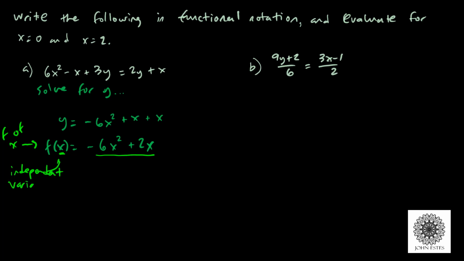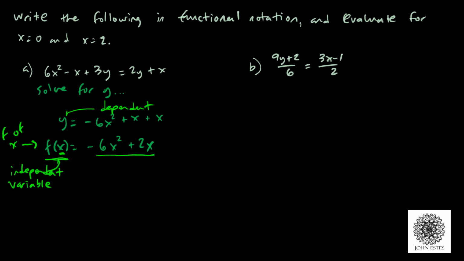That means I am free to choose what x is. The y is called a dependent variable, and so it's dependent upon what x is. You pick the x, that determines the y, and so because of that I don't really need to write y at all. I have f of x, which is the output determined by the function when I plug in x.